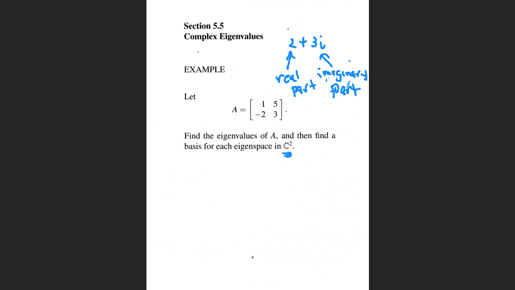And the eigenvalues come from solving the characteristic equation, determinant of A minus lambda I equals 0. Since this is a 2 by 2 matrix, the characteristic equation is going to be a quadratic equation in terms of that variable lambda. And you can solve that. Let's take a look at the solution.